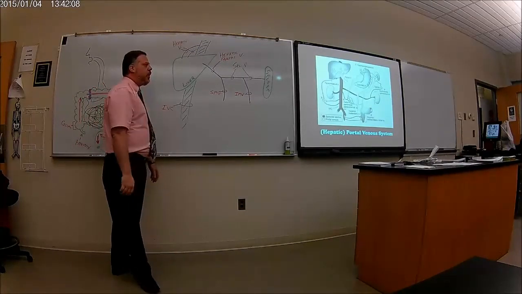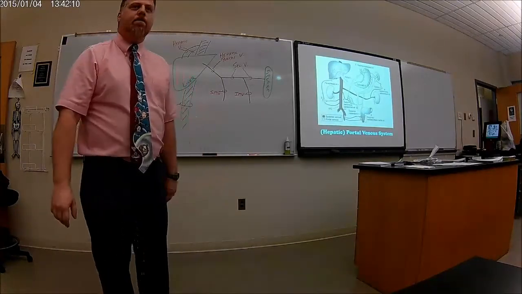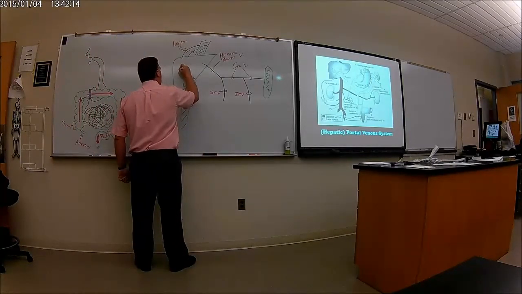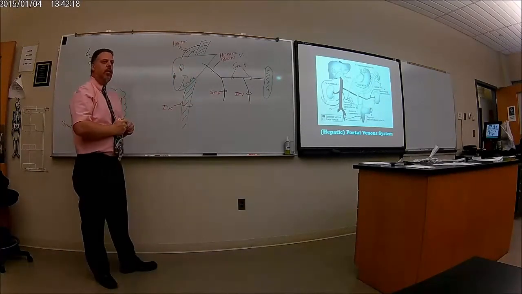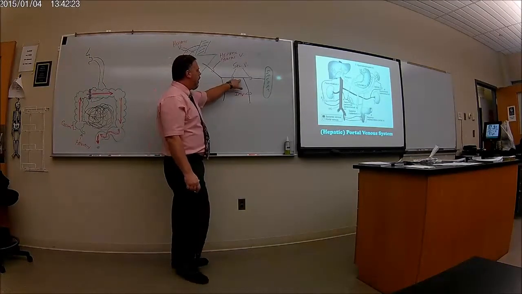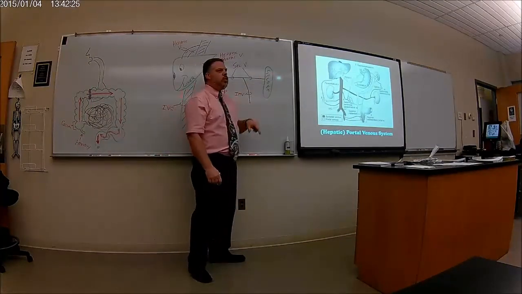I kind of look at this as the horse with the big head. Here's the horse. See him? There's the head, there's the neck, the front leg, the body, the back leg, and the bushy tail.